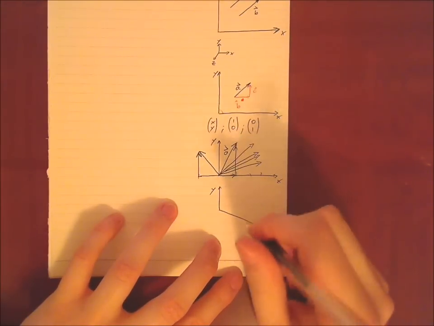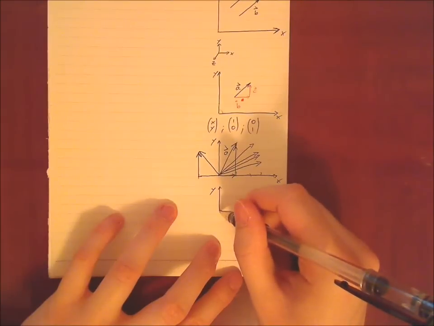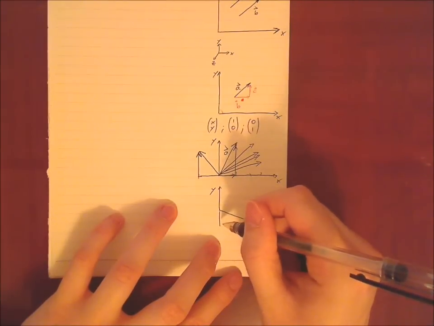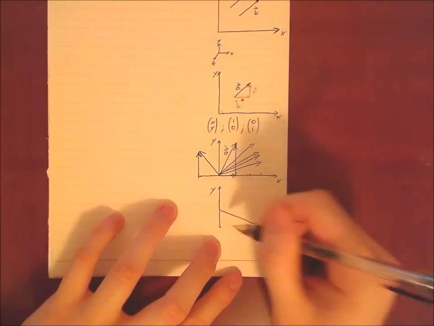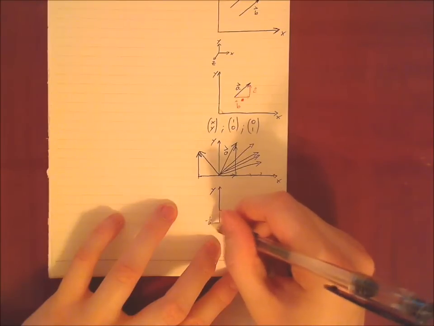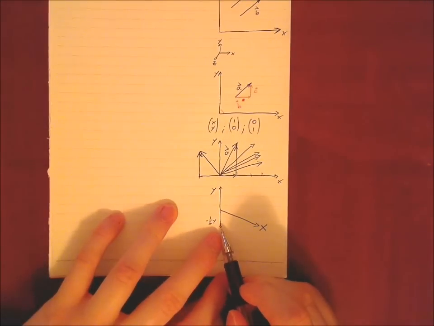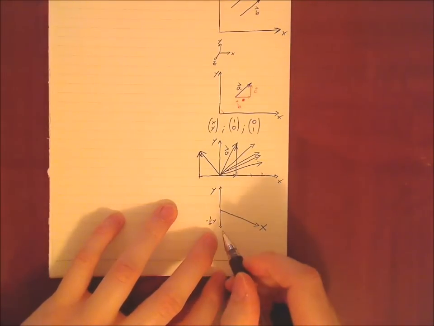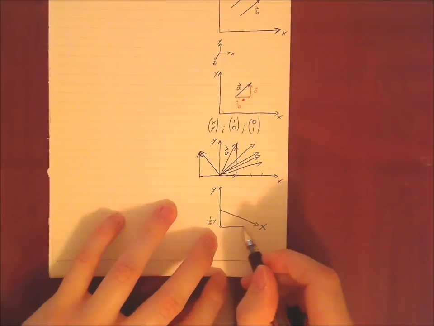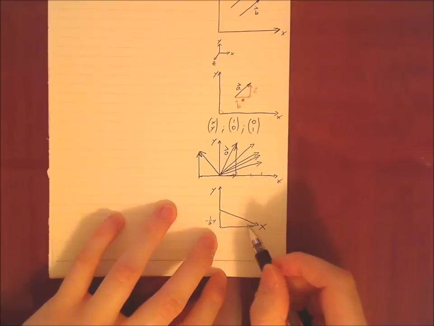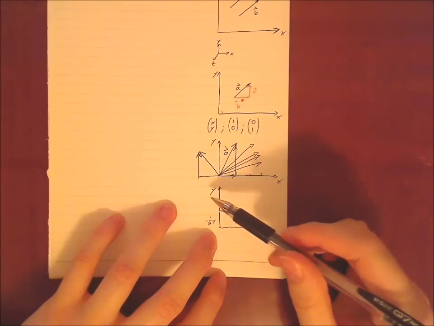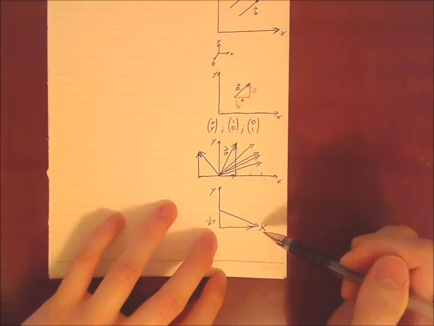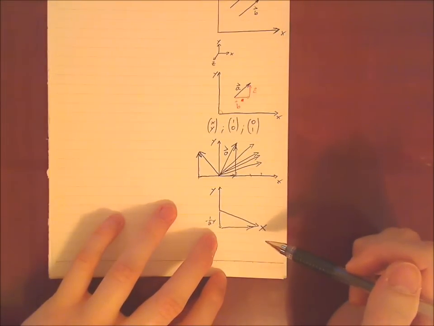What I could do now, I could say minus 1/2 y. Then I would end up with this vector. So I come very close to it actually, but I cannot get this direction with the y vector. And that's why y and x are still linear independent.